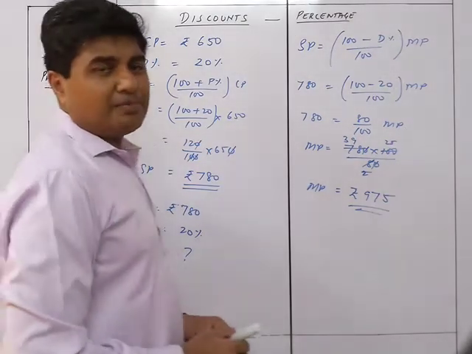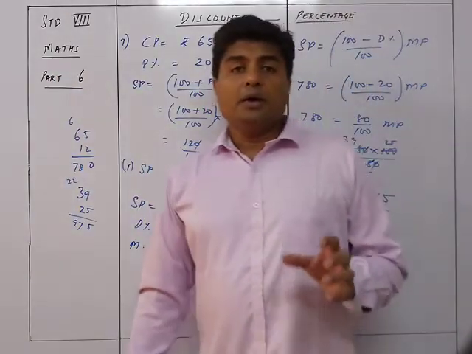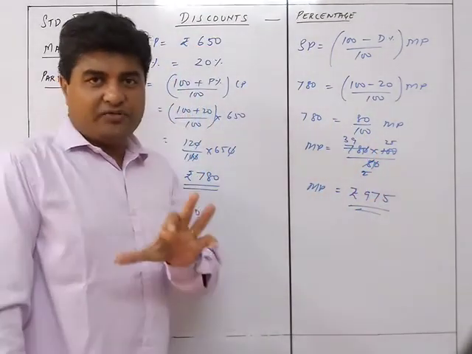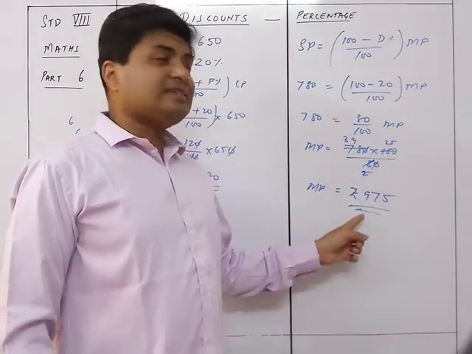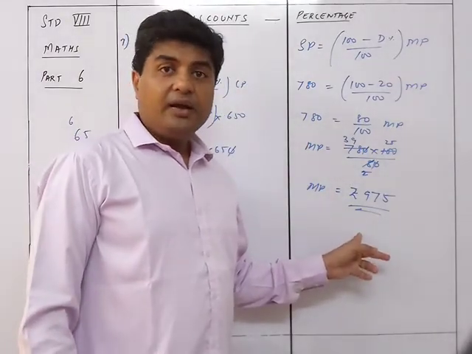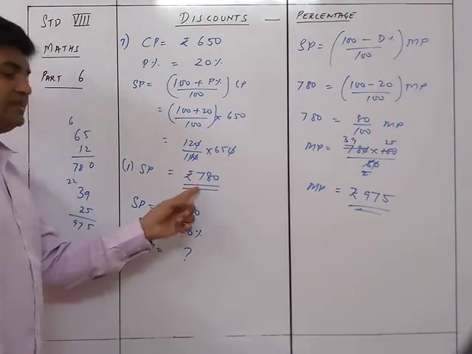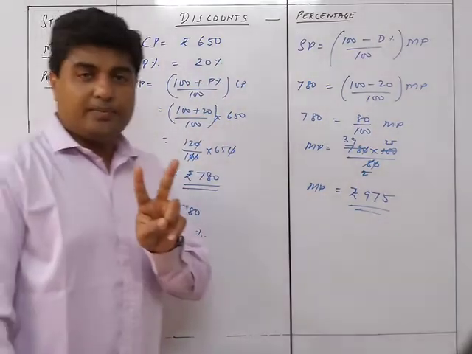So what do you understand by this sum? We understand over here that a shopkeeper bought a calculator for rupees 650 and then he marked the price as 975 and gave a discount of 20% and sold it at 780 and still got the profit of 20%.